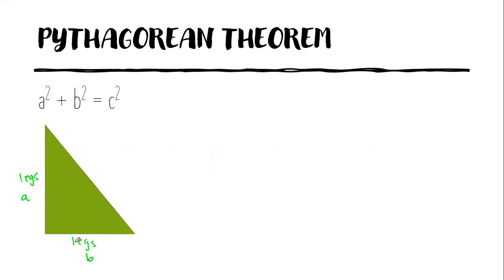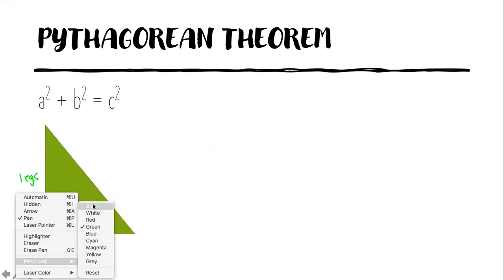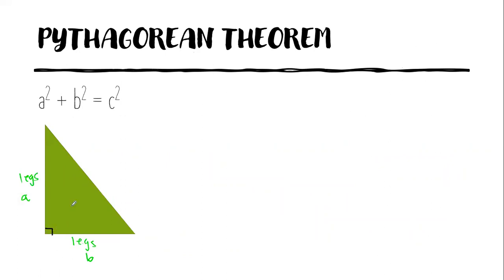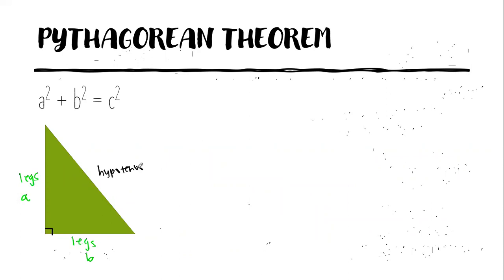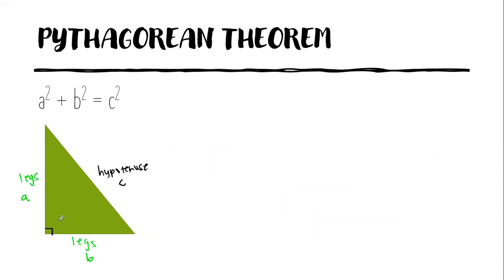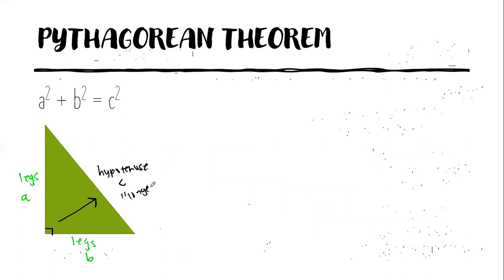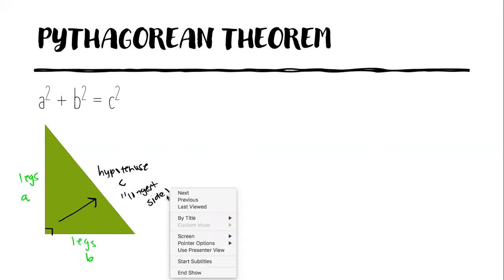Doesn't matter which one you put, a or b. And then what does that c represent? The hypotenuse. A good thing to remember is the hypotenuse is always right across from the 90-degree angle, and it's also the longest side.